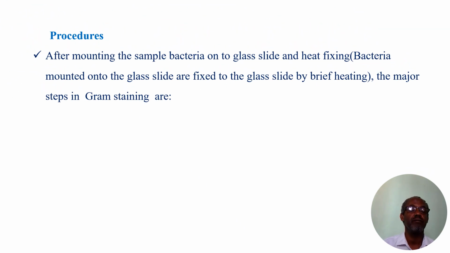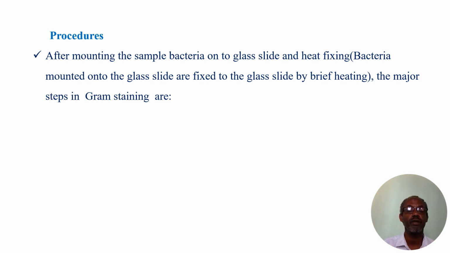Of course, we have two types of stains that we apply one after the other, and there are some procedures. First, after mounting, after putting the sample bacteria onto a glass slide, comes heat fixing over a Bunsen burner. You kill the bacteria so they are fixed, non-motile, to one part of the slide.